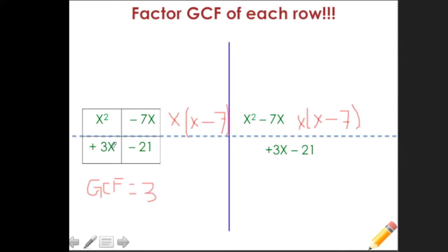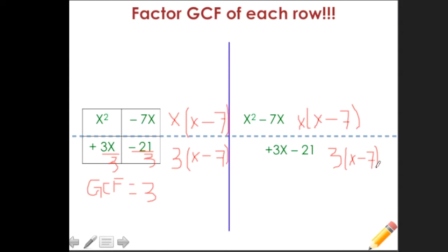Now the variables, if you look, this has an x and this doesn't have an x. Okay, so it's just the GCF is 3. So I'm going to factor out a 3, and then I get x, right? 3x divided by 3 is x. Negative 21 divided by 3 is negative 7. Right? This is the same process here. We're just factoring by GCF.